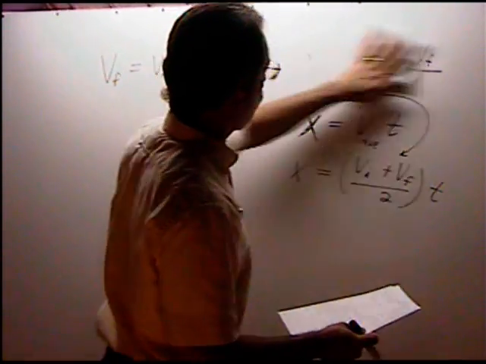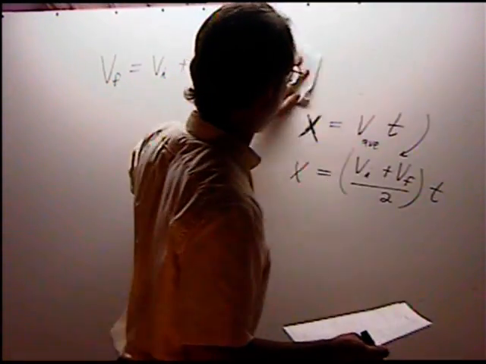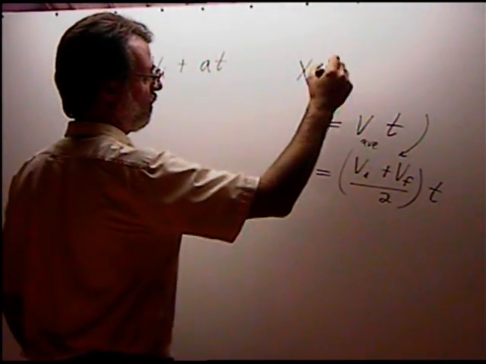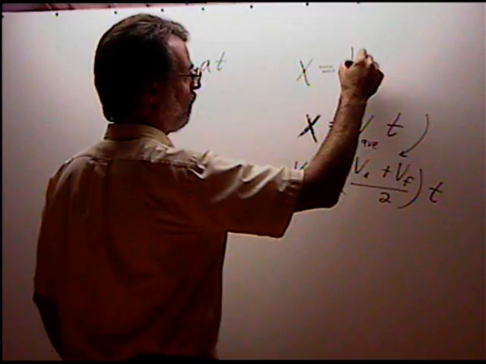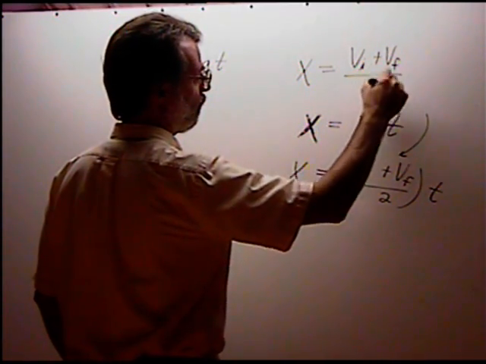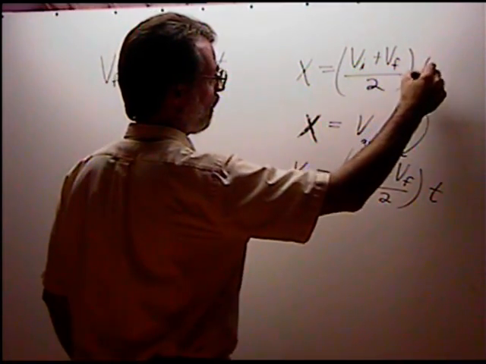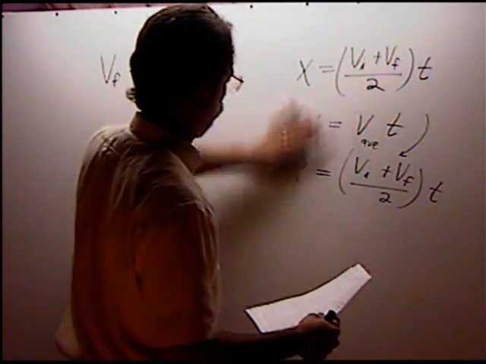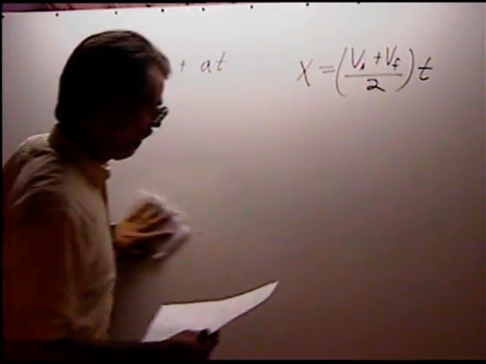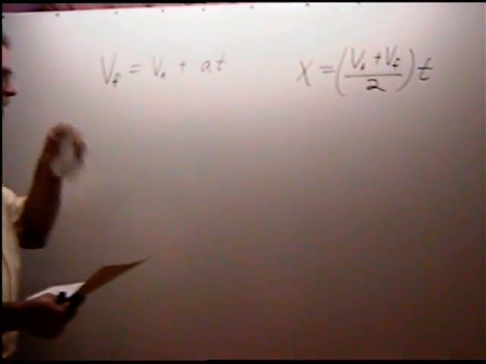So I'm going to come up here and I'm going to write this equation right up here. The distance traveled is equal to the initial velocity plus the final velocity, all divided by 2, times time. So at this point, we have two equations.